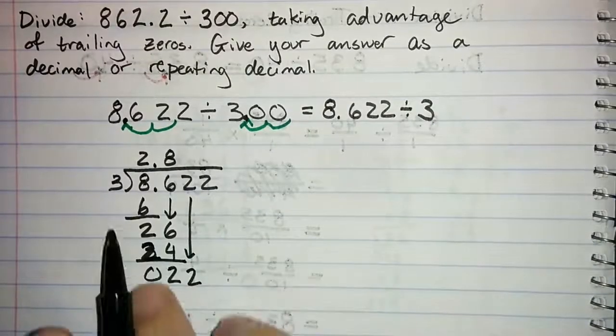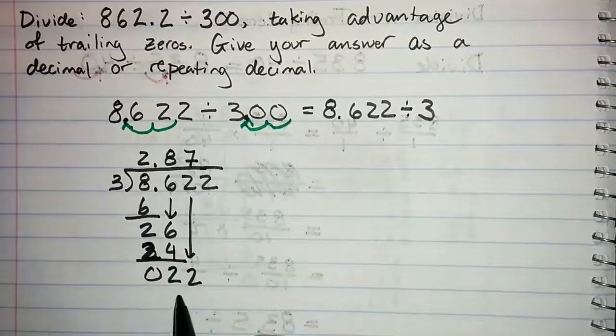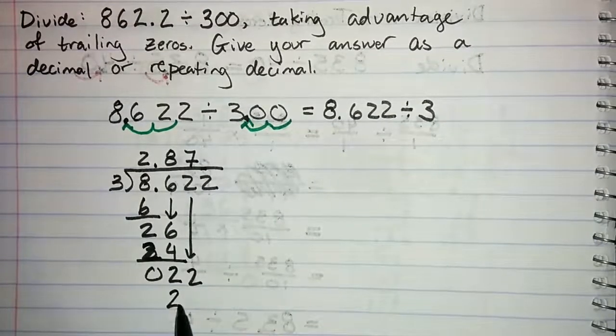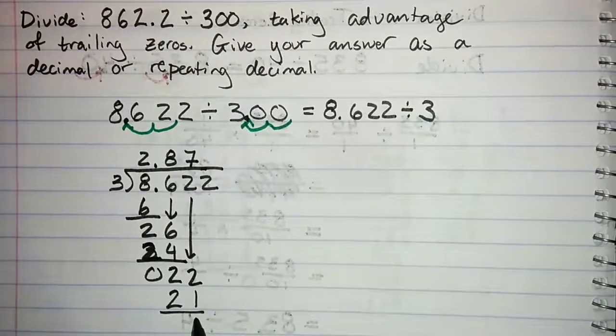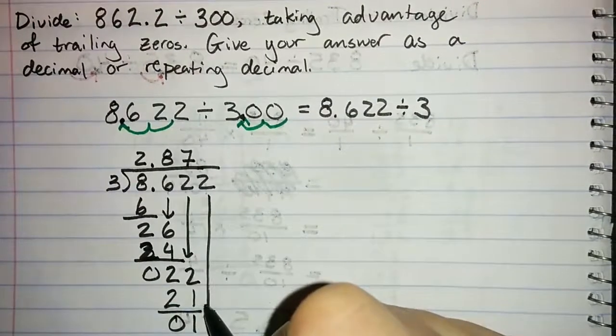Bring down the 2. 3 goes into 22 7 times, since 7 times 3 is 21. 2 minus 1 is 1.